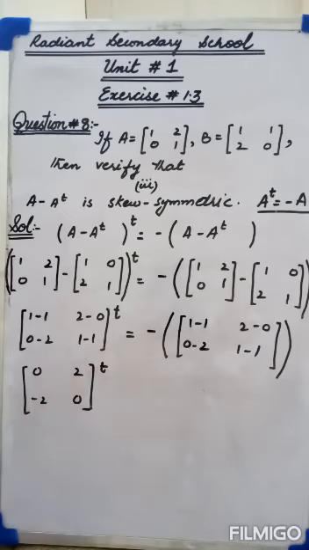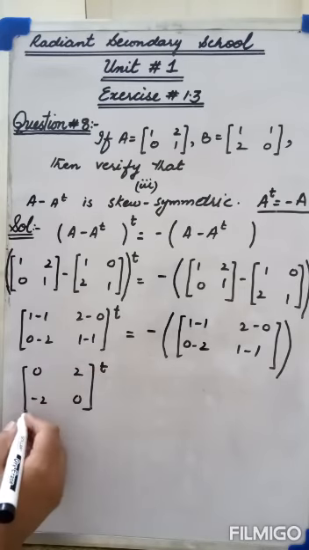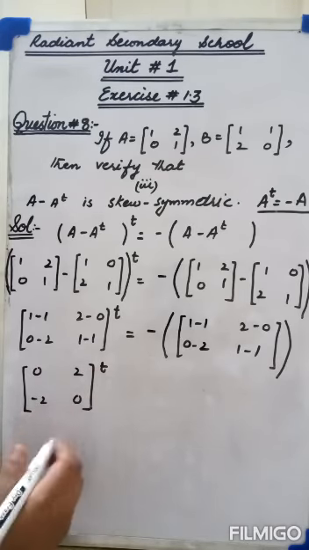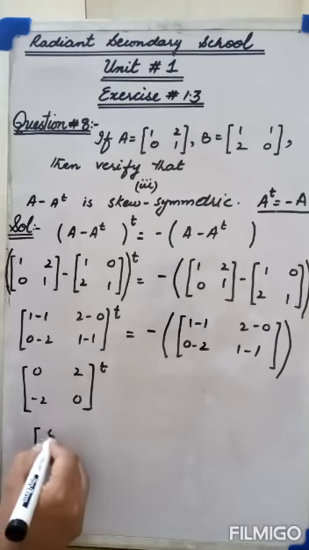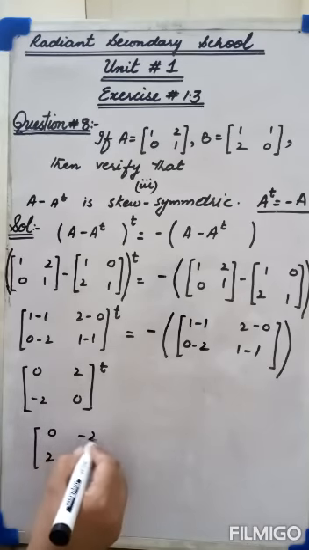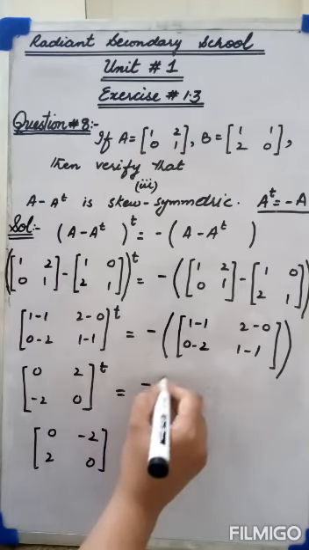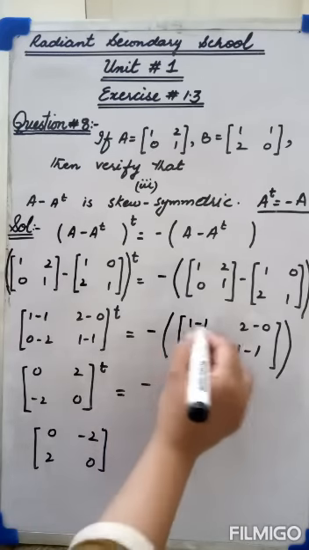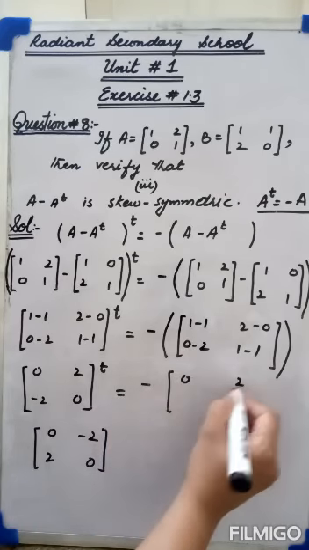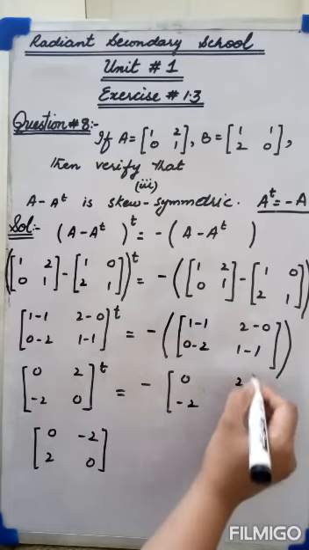Now we have to take its transpose. It will be 0, 2, minus 2 and 0, is equal to minus as it is, and this will be 0, 2, minus 2 and 0.